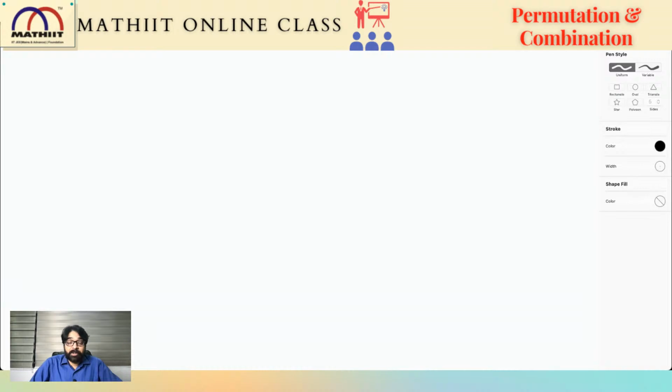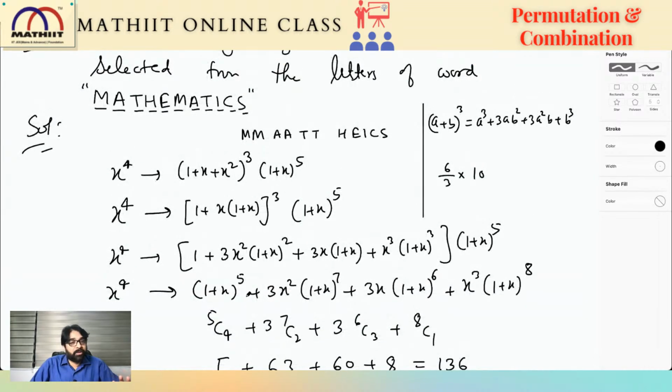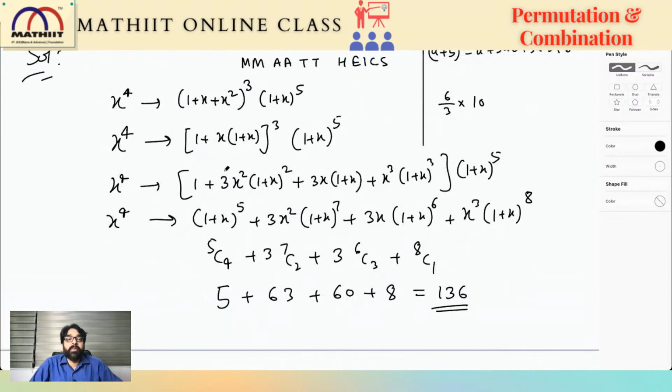See, for calculation of the coefficient, there are different ideas. I'm not discussing here how we calculate the coefficient. You can calculate the coefficient by converting this as 1 minus x cube by 1 minus x. That way also you can do. There are so many ways, so many general situations you can develop. That depends on your practice.